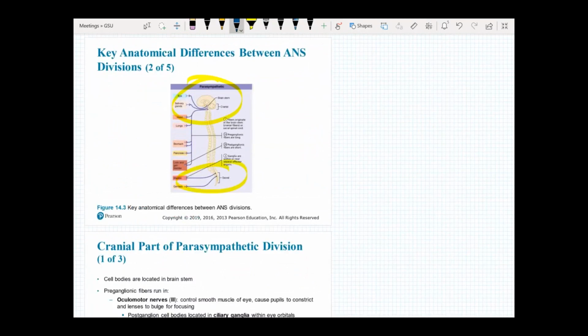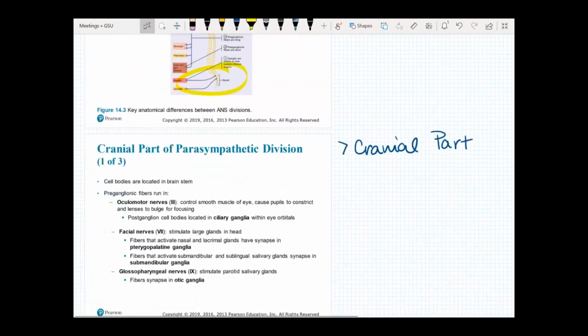Looking at the cranial part of the parasympathetic division, these cell bodies are located in the brain stem, so they are close to the brain and spinal cord. And these fibers can be found in the oculomotor, the facial nerve, and the glossopharyngeal nerves. So cranial nerve 3, cranial nerve 7, and cranial nerve 9.